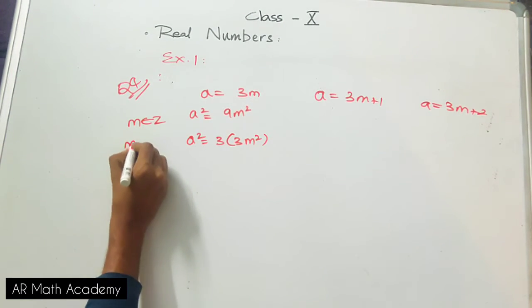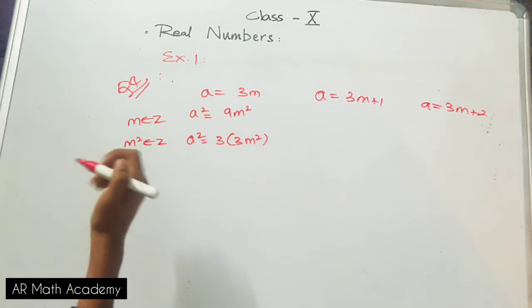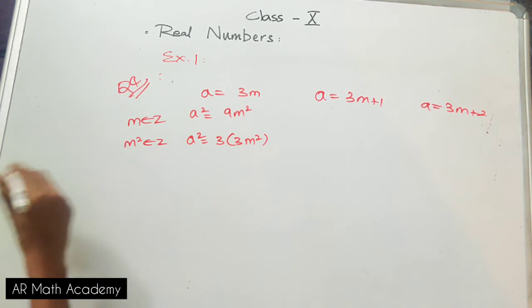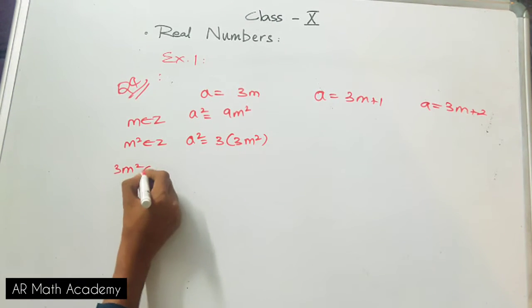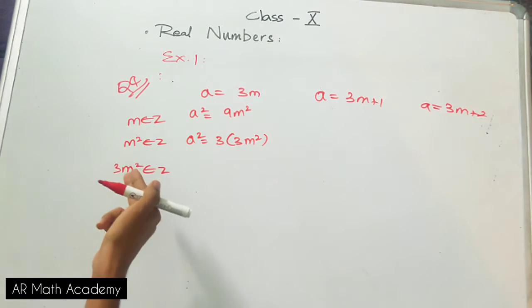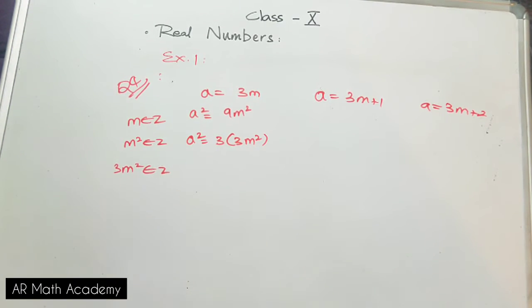So m square must also belong to integers, because when you take m as 2, 2 square is 4, which is also an integer, right? So m square also belongs to integers. Now 3 times m square must also belong to the integer set, because 3 square is 9, 9 times 3 is 27, which is also an integer.